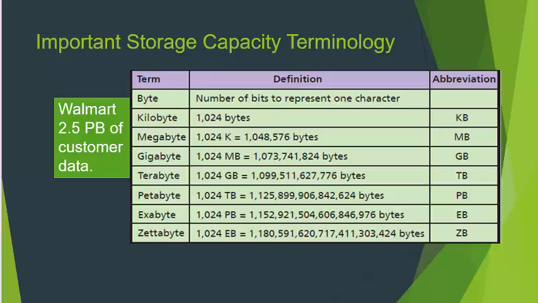keyboard. Then a kilobyte is 1,024 bytes. And then 1,000 of those becomes a megabyte. And 1,000 of those becomes a gigabyte. 1,000 of those becomes a terabyte, roughly 1,000. And then after a terabyte, we have a petabyte, and then we have an exabyte and a zettabyte.